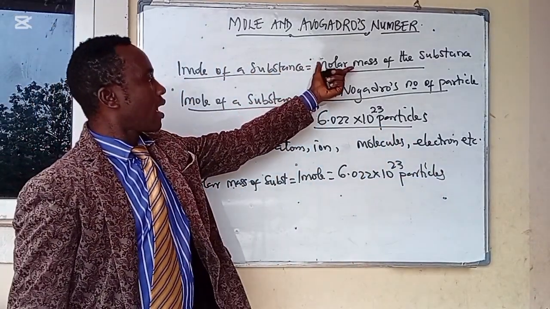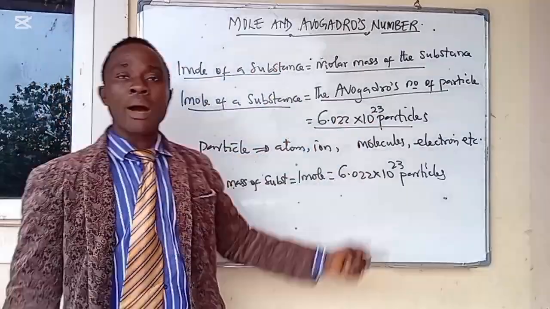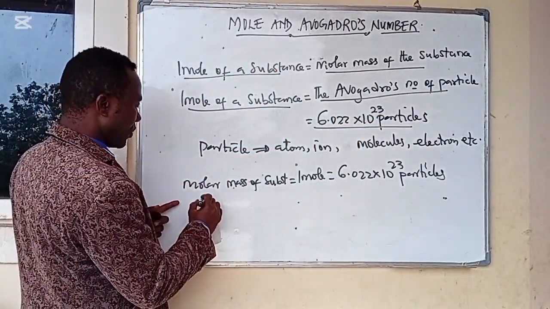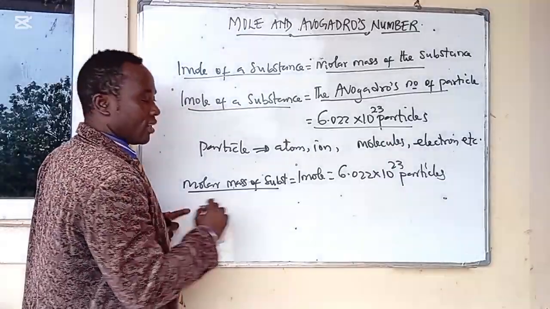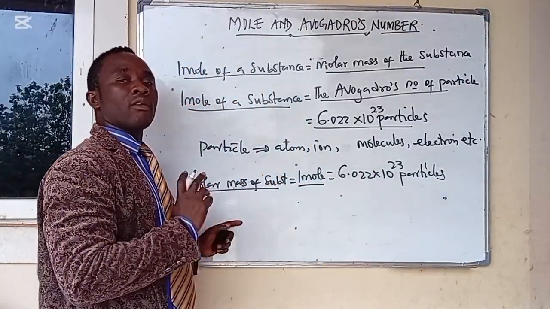If this is equal to this and this is equal to this, then all of them are equal. That is, the molar mass of any substance is equal to 1 mole of that substance.